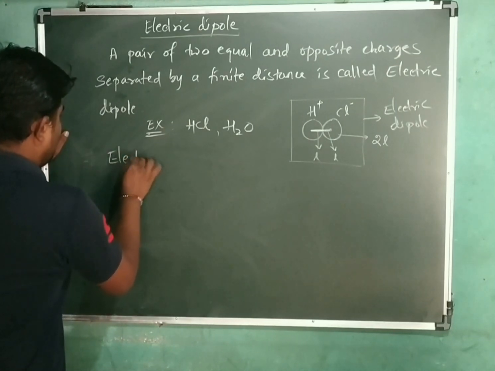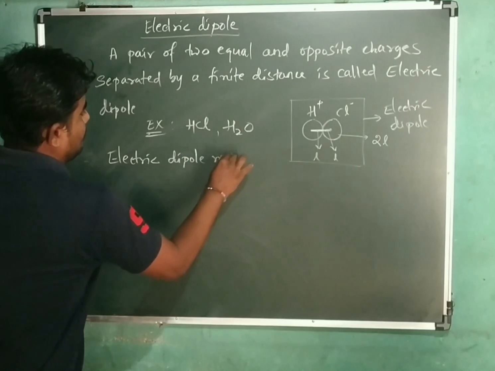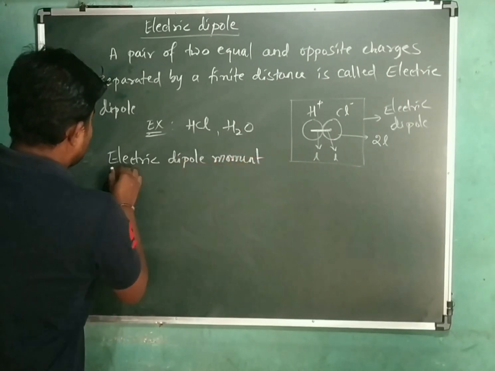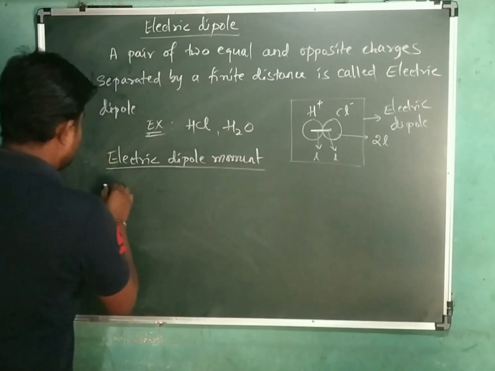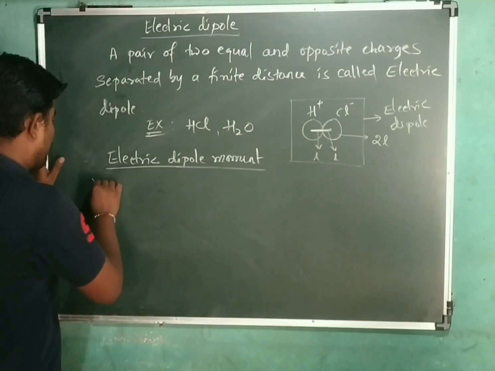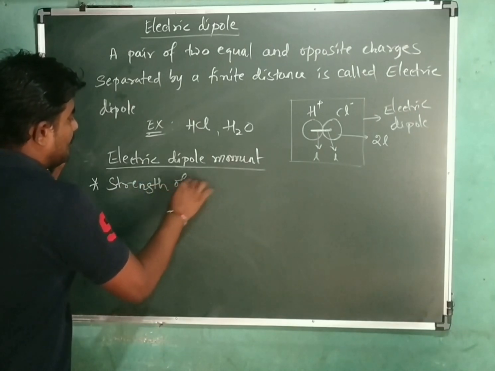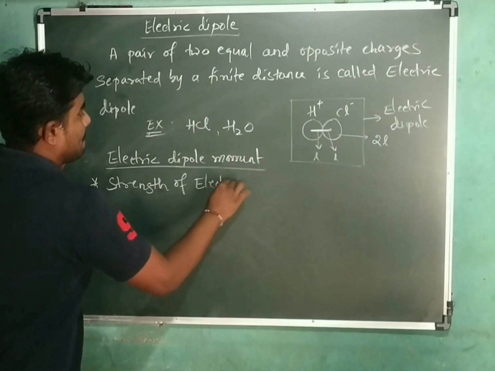Electric dipole moment is actually the effectiveness of an electric dipole, or the strength of an electric dipole.